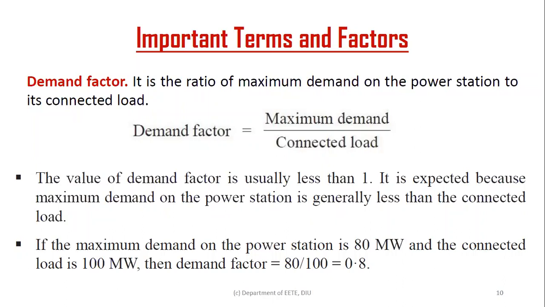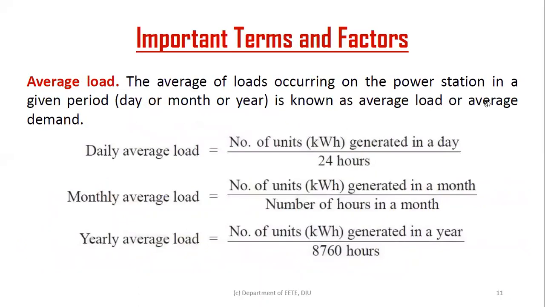Because we do not run all the loads at the same time, even in our maximum consume time. So the connected value is always higher, and that's why the demand factor is always less than 1.